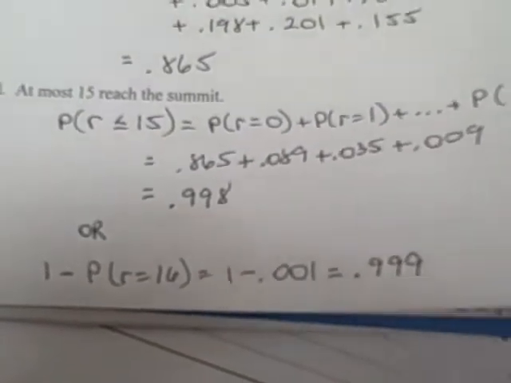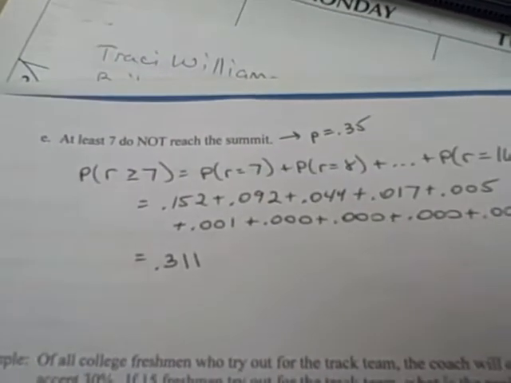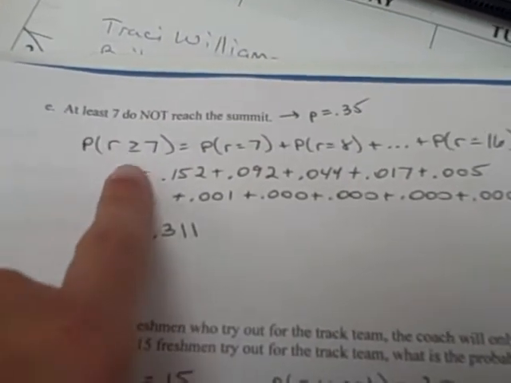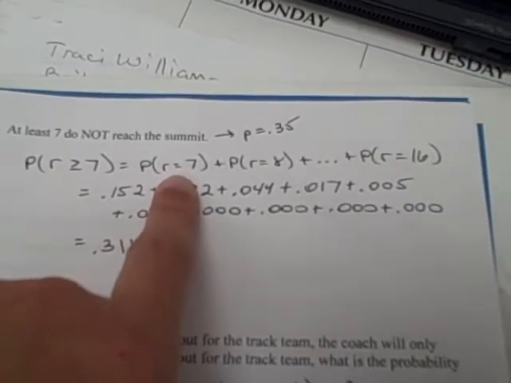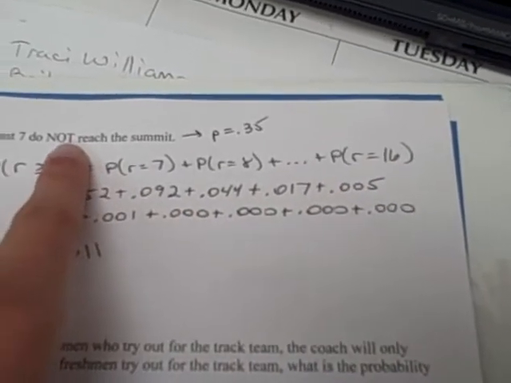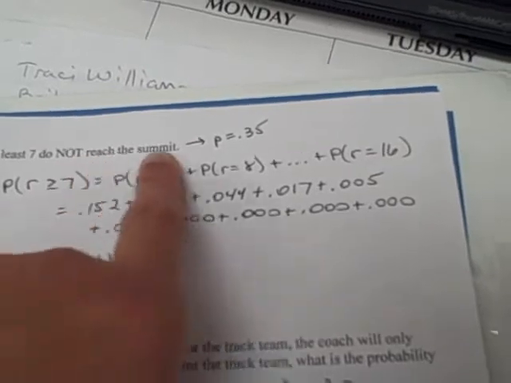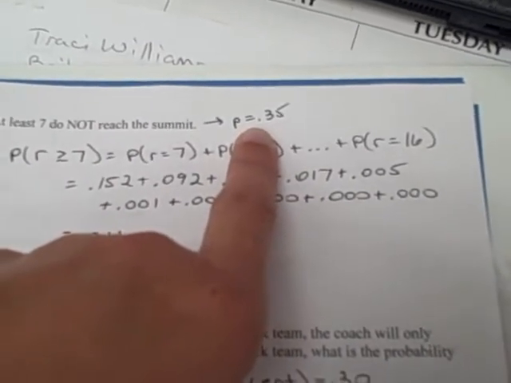All right. At least 7 do not reach the summit. At least 7 means we want 7 or more. So we're going to add up the probabilities of r equal to 7 all the way up to r equals 16. But this time we're talking about how many do not reach the summit, and the probability of not reaching the summit is 0.35. So we're still at n equals 16, but this time we look underneath p equal to 0.35.